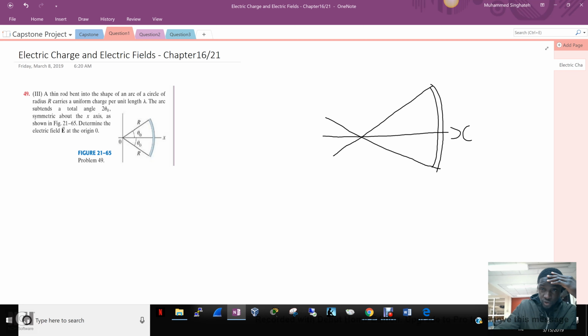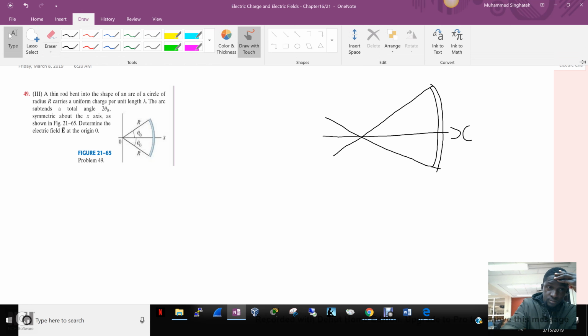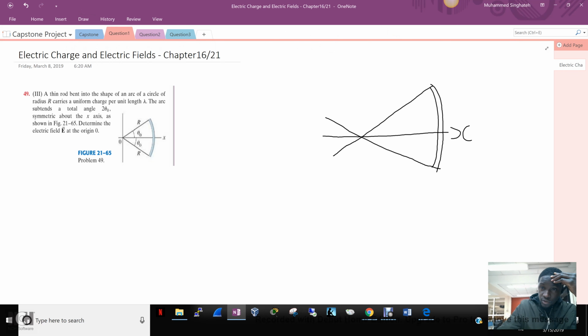So this is going to be R times theta, and then we have another one here. This is going to be theta, and this is going to be the symmetric, the other one.